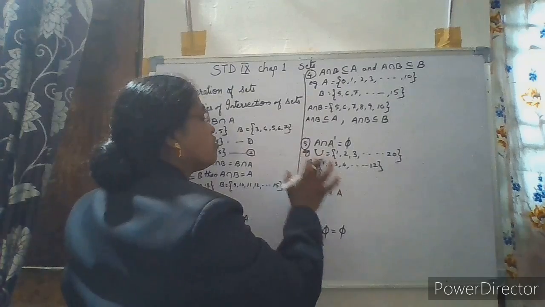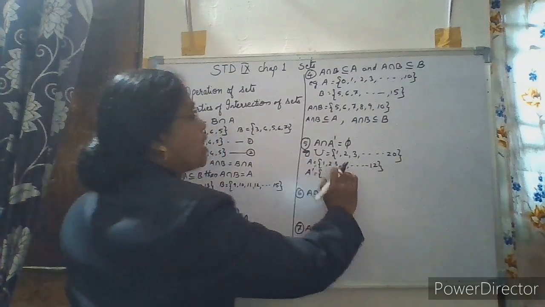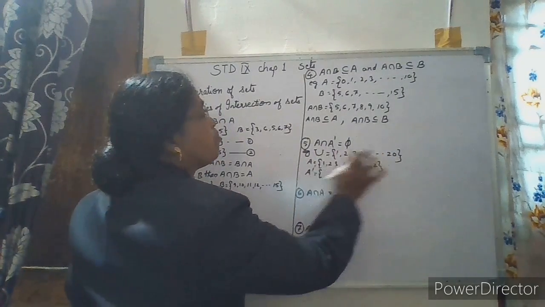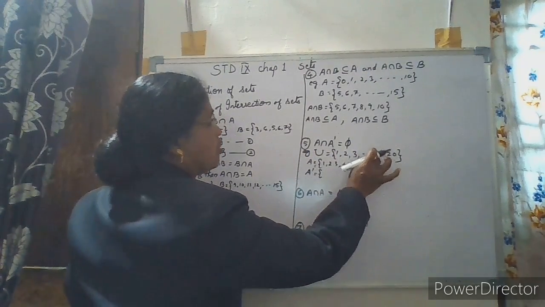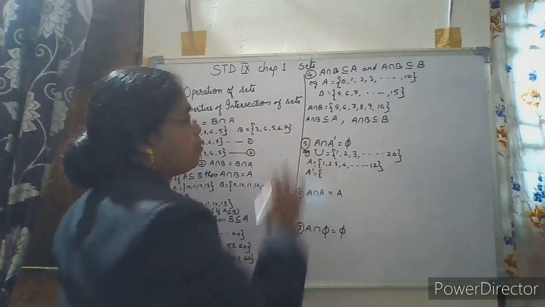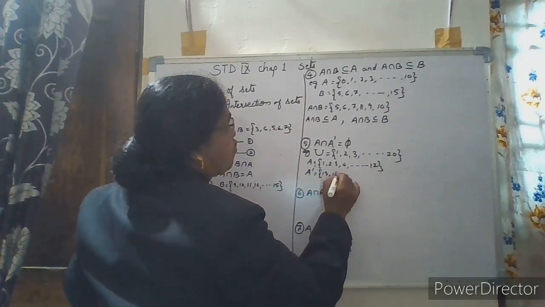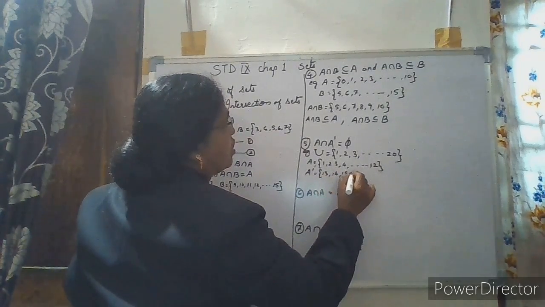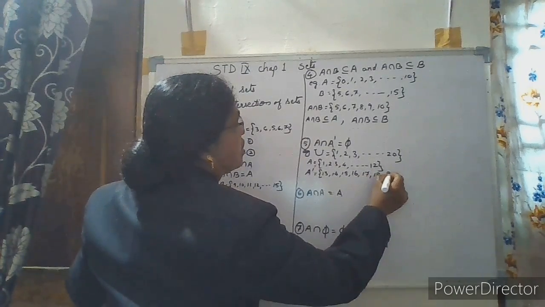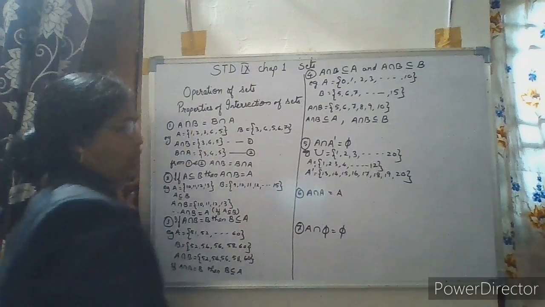The numbers 1 to 12 are present in set A, but after 12 they are not present in set A, though they are present in the universal set. So that becomes the complement of set A: 13, 14, 15, 16, 17, 18, 19, 20. This is the complement of A.